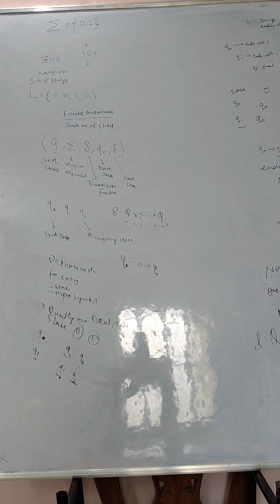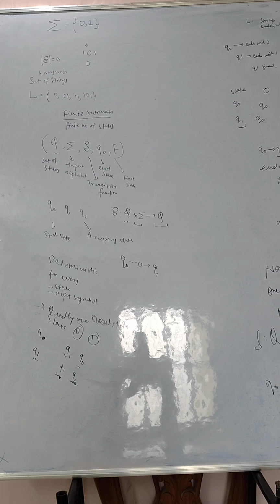For example, I have a state q0 and input a, so the next state can be q0 or q1. The machine can choose q0 or q1. This is what it means.